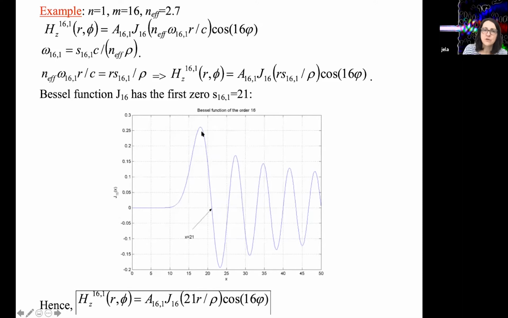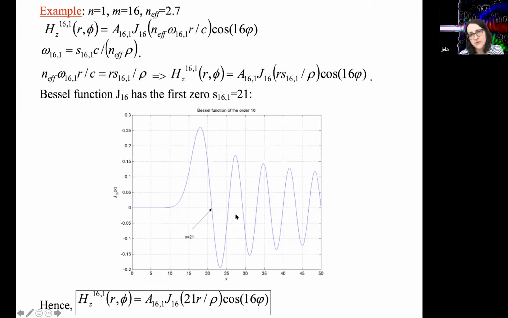So I will have no zeros of the Bessel function in the radial direction until I reach the edge of the disk. If I pick the second zero, I will have one actual zero of the field as I go in the radial direction, between the two rings of the field, and so on. So you can view the radial number as the number of zeros of the field, or in other words, the number of rings of the field for the whispering gallery mode that you will see in the radial direction. So n equal to 1 means 1 ring, n equal to 2 means 2 rings, n equal to 3 means 3 rings because you truncated here, and so on.